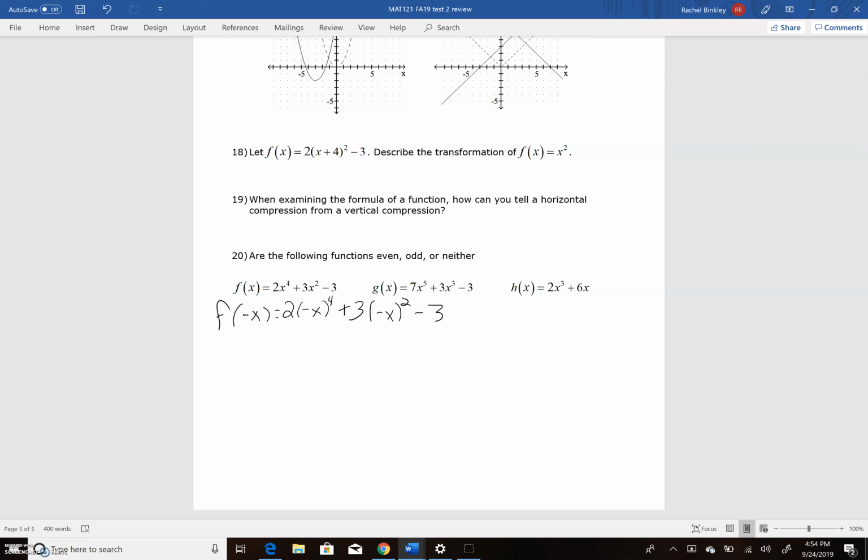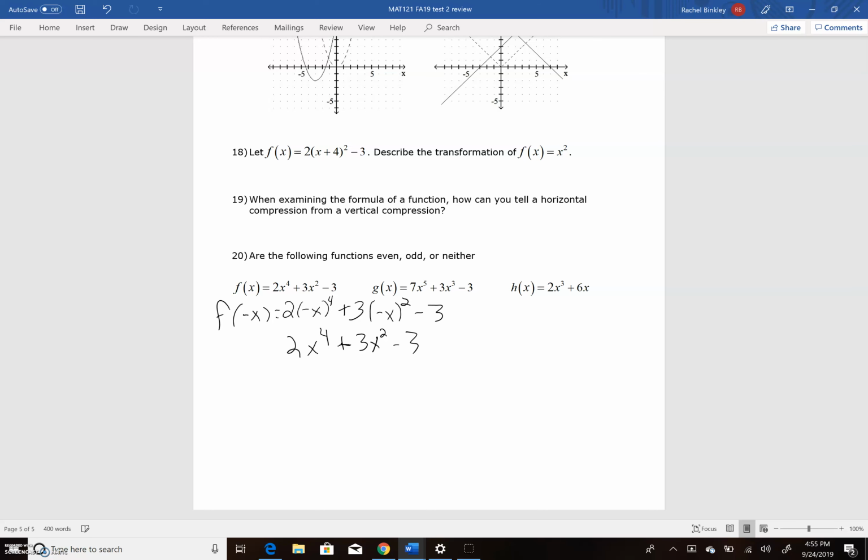So the cool thing about this, I've entered in negative x, but negative x to the 4th power is just the same as positive x to the 4th power. If it's negative 1 to the 4th power, you're going to get positive 1. If it's positive 1 to the 4th power, you're going to get positive 1. So same over here, we're going to get plus 3x squared minus 3.